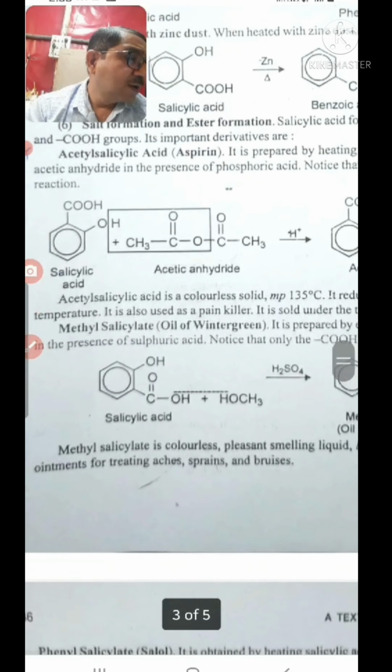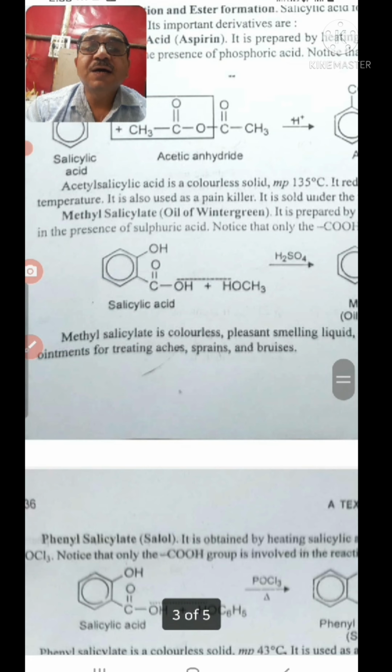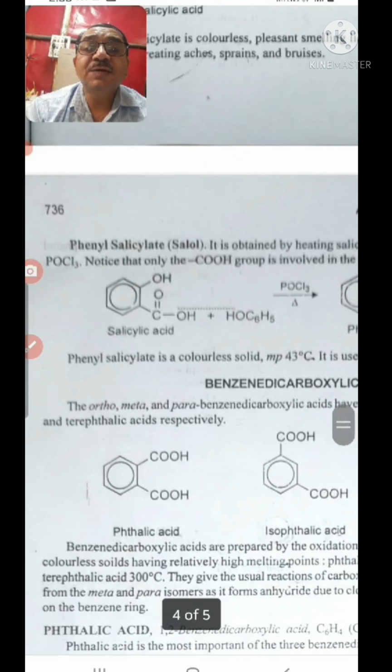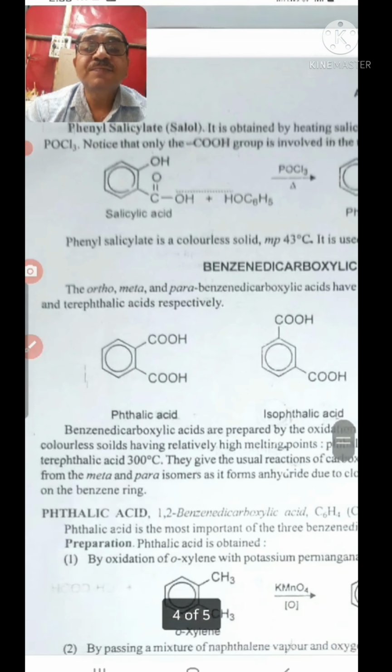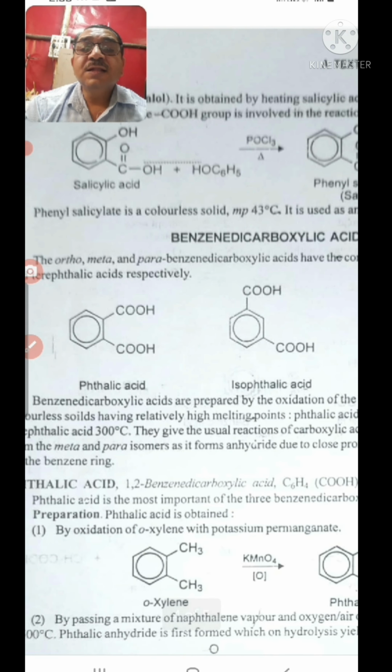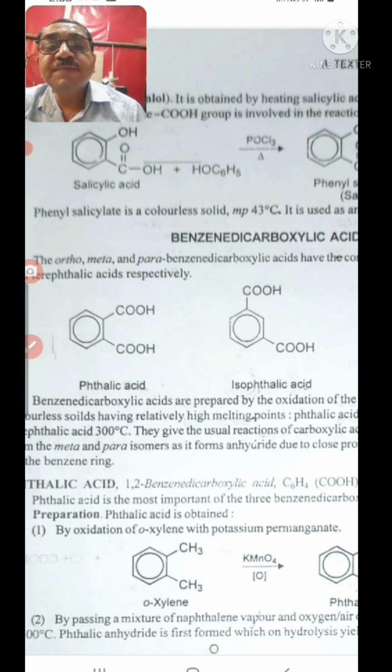Now the another part of the aromatic carboxylic acid is phthalic acid. Here it is given as benzene dicarboxylic acid, meaning phthalic acid is an example of having two COOH groups in its ring, that is dicarboxylic acid.